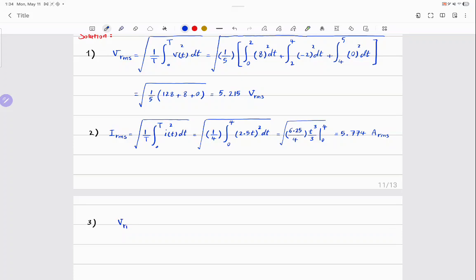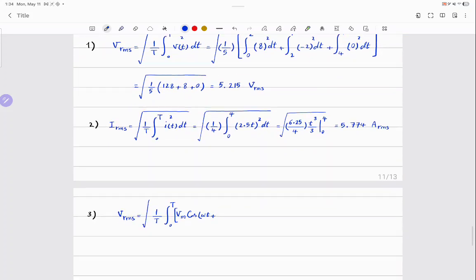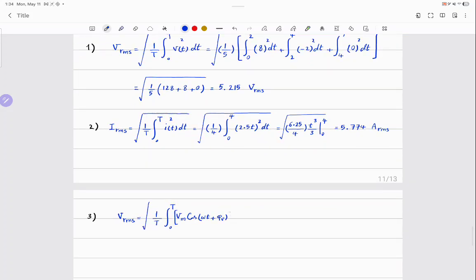So VRMS is equal to 1 over T, integral from 0 to T, cosine, sorry, I forgot, Vm cosine omega t plus phi v, dt. What did I forget? Square.